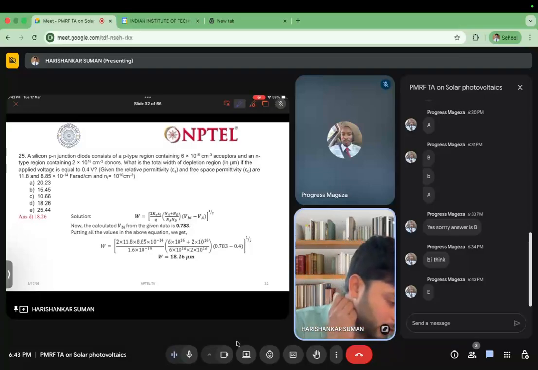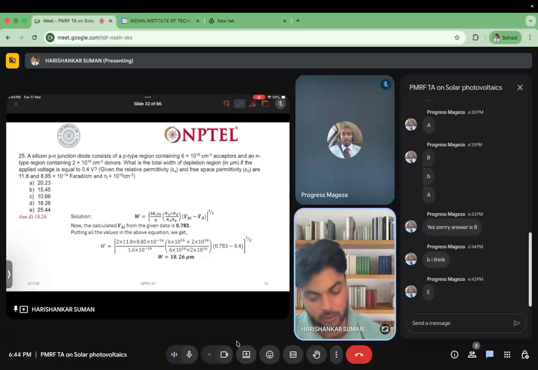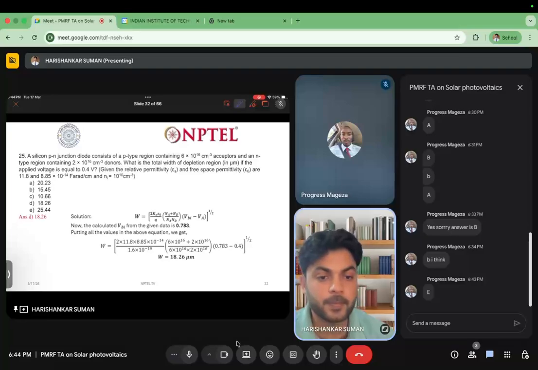Depletion width equals the square root of 2 ks epsilon by q times the sum of the inverse of donor and acceptor concentrations, multiplied by the built-in potential minus the junction potential. You can say ks equals epsilon s, both symbols represent relative permittivity. Is this question clear to you?